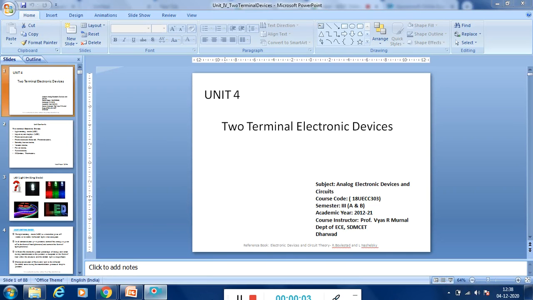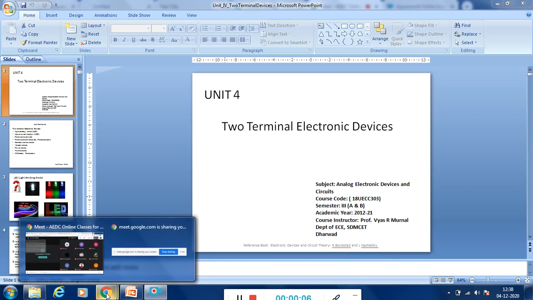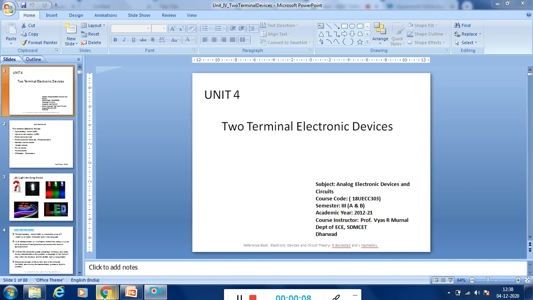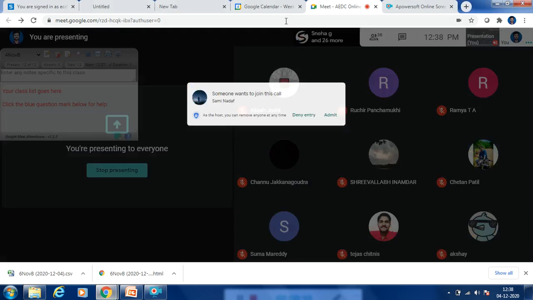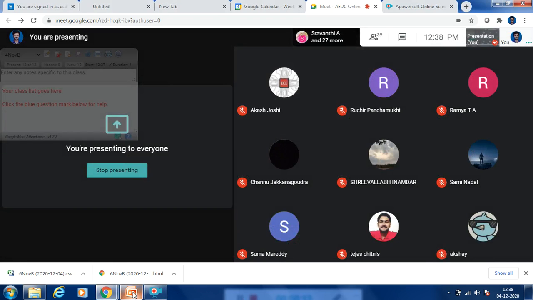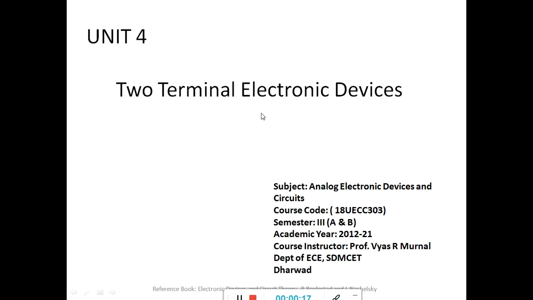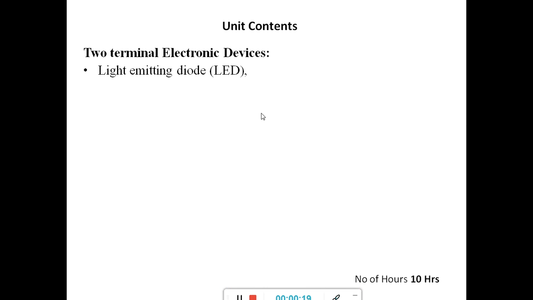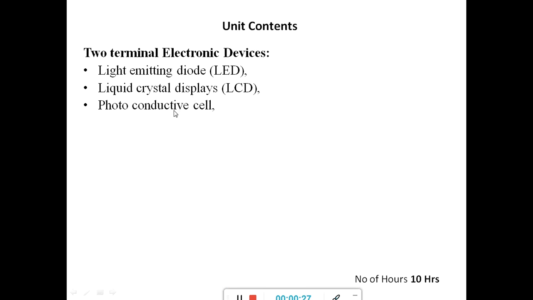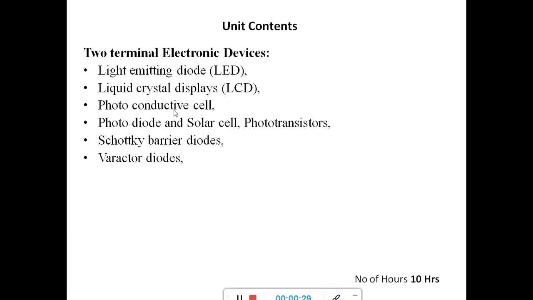Okay, so in the last session we discussed light emitting diodes, especially. We just discussed the various unit contents: LEDs, LCDs, photoconductive cells, photodiodes, solar cells, Schottky barrier diodes, varactor diodes, power diodes, then the tunnel diodes, IR emitters, and the thermistors.